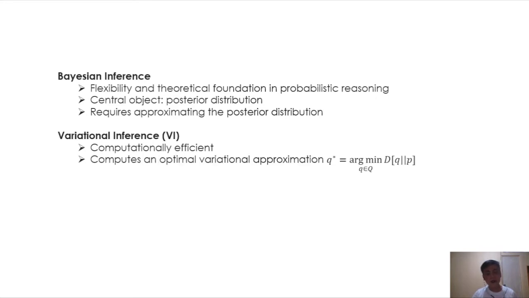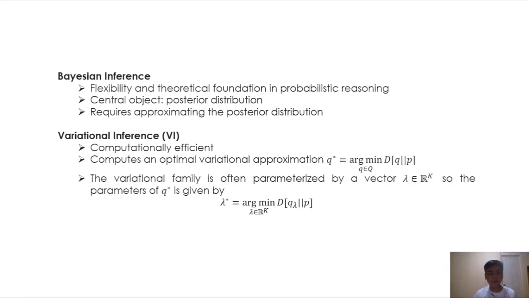Here, we compute an optimal variational approximation Q star, which is equal to argmin Q in Q of the divergence of Q and P. Now, the variational family is often parameterized by a vector lambda in Rk. So the parameters of Q star is given by lambda star, which is equal to argmin lambda in Rk of the divergence of Q lambda and P.